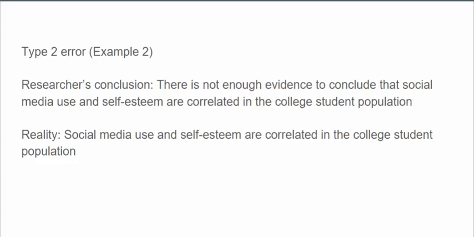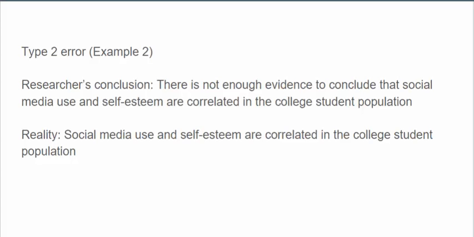Simply by chance, the person doesn't get any of those low self-esteem individuals into the sample, and the sample only includes people who are high in self-esteem. So if by chance the sample only includes people who are high in self-esteem, and the reality is that there are a lot of people out there who use social media and are low in self-esteem, then that would cause a type 2 error because those people are actually out there, but simply none of them ended up in the sample and none of them were observed.